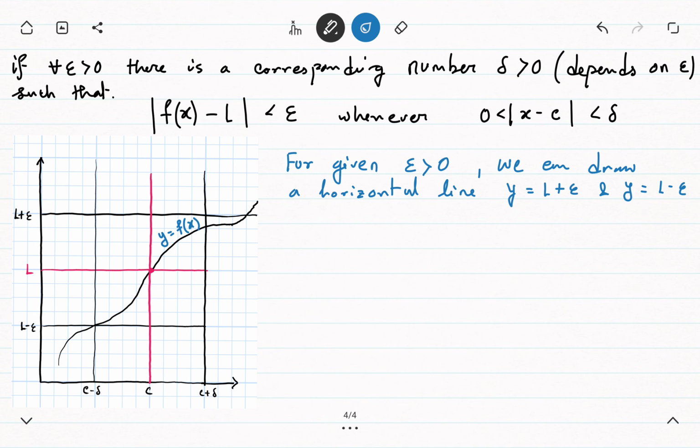And this graph of the function f of x, if the limit exists, then we'll find some number, that is a positive delta, such that we restrict x to lie in the interval of c minus delta and c plus delta.